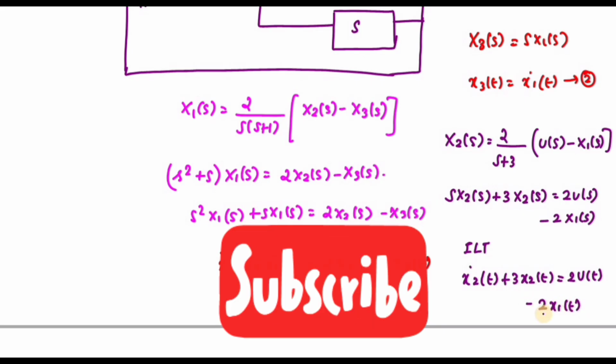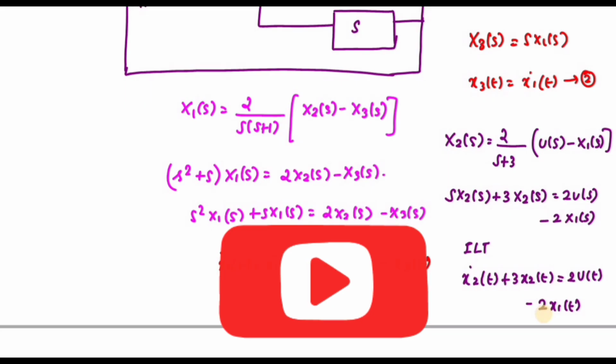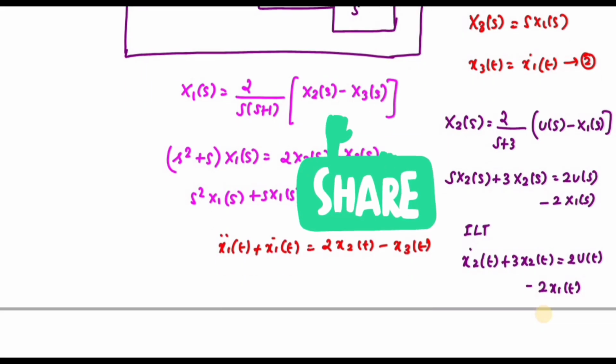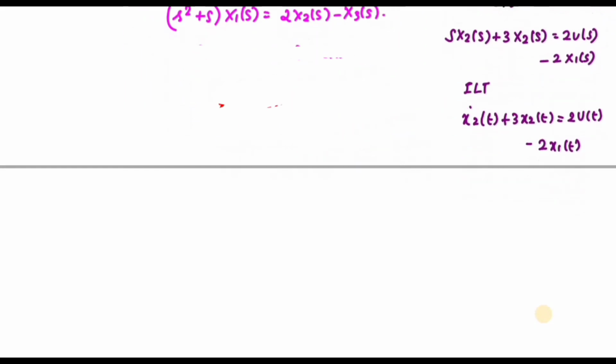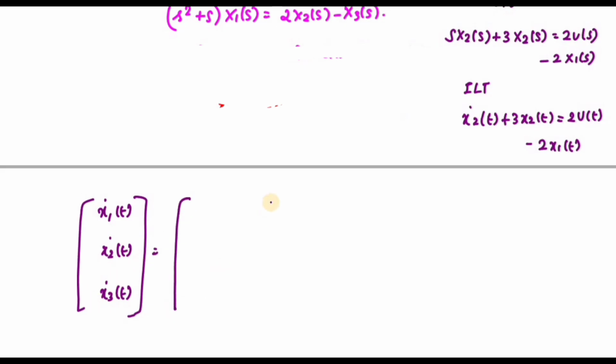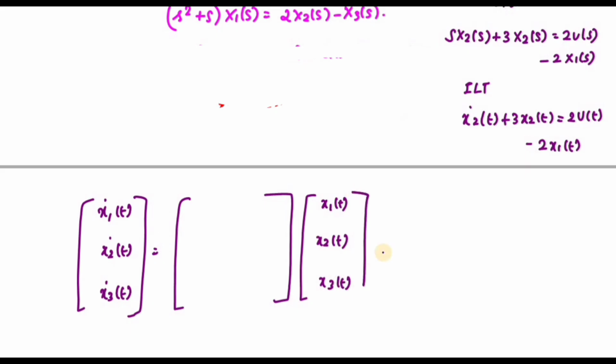Okay. So the state equation generally will look like this. You have to substitute x1(t), x2(t), x3(t). This must be equal to some matrix into x1(t), x2(t), x3(t), plus some matrix into u(t).